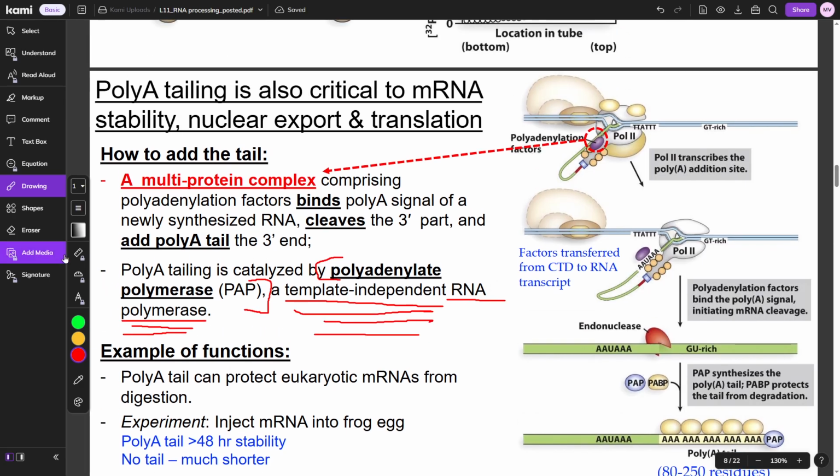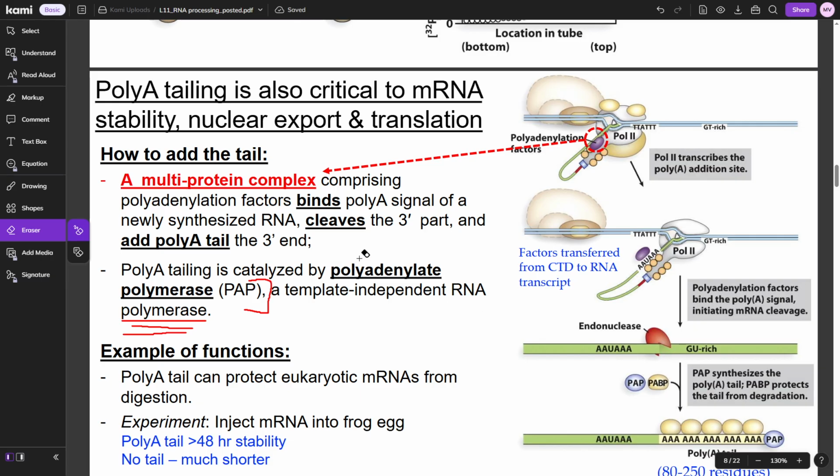So here's an example of what's going on here, right? See this massive complex here. Polymerase 2 transcribes the poly A addition site.